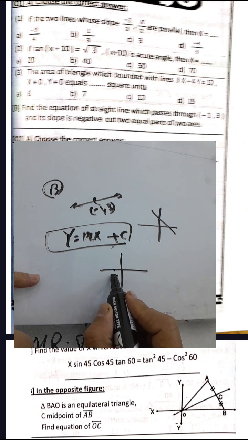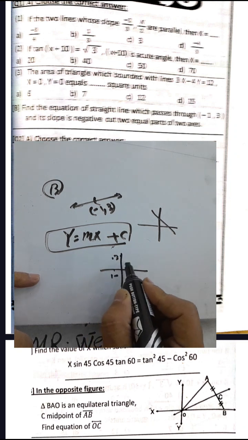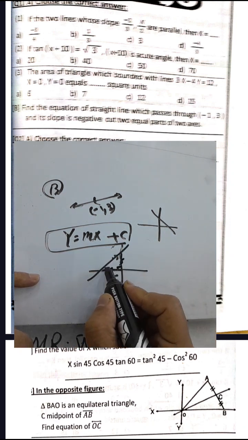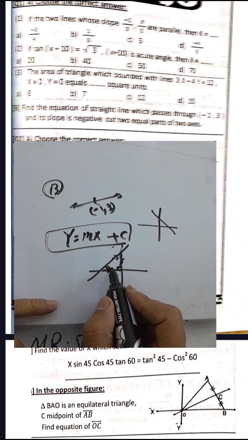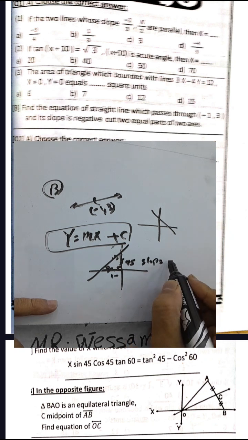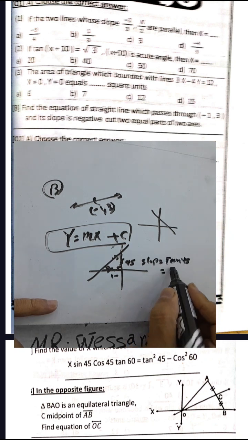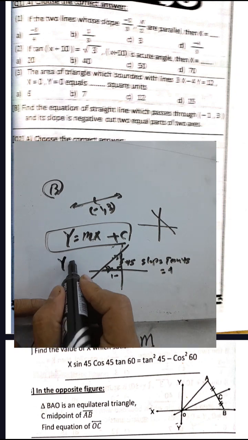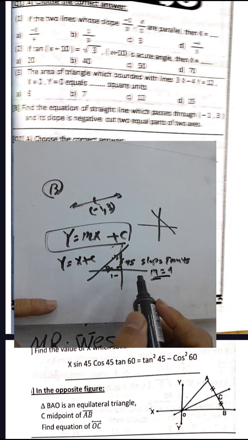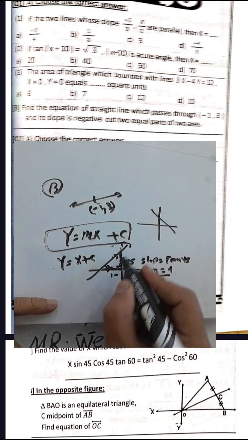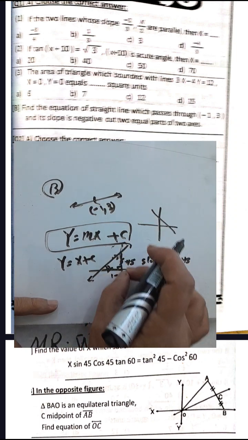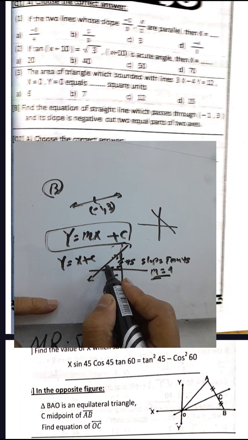We have here the point negative 1 and 3, and it cuts two equal parts from the axes, this part equals this part. It means the angle of this slope will be what? 45. Then we can find the slope equals tan 45, which is 1. Then the equation is y equals x plus constant, because m equals 1, m is the slope. Again, the straight line cuts two equal parts from the x-axis and y-axis, so the angle is 45.